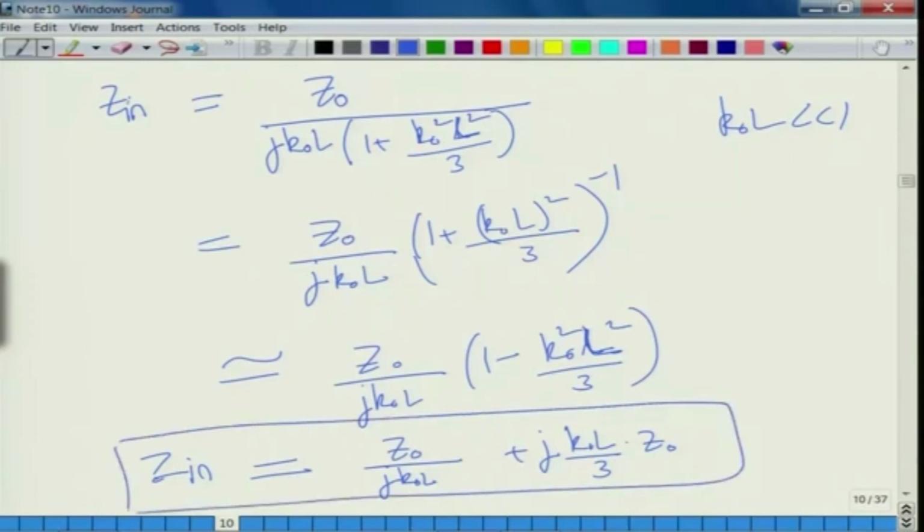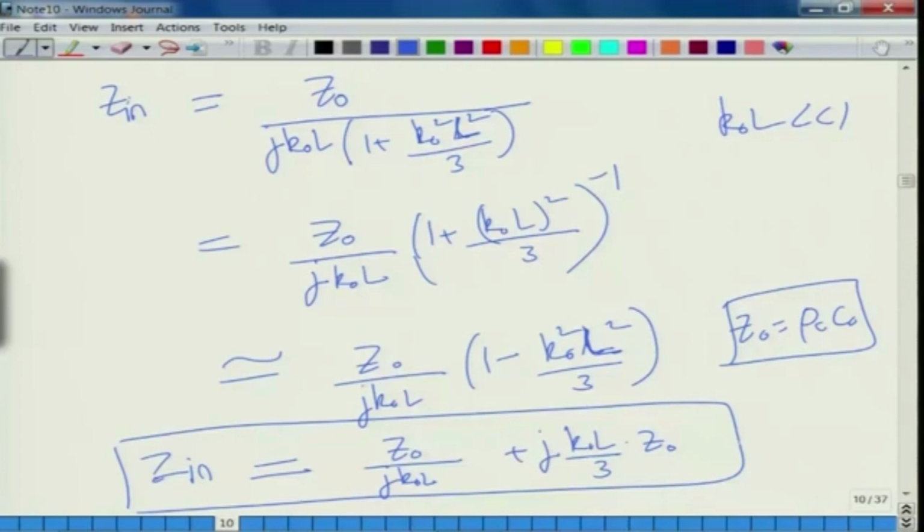This is what we get, and Z naught of course is rho naught C naught, the characteristic impedance. So, what does it mean? What does this expression say? Let us number this as 1.